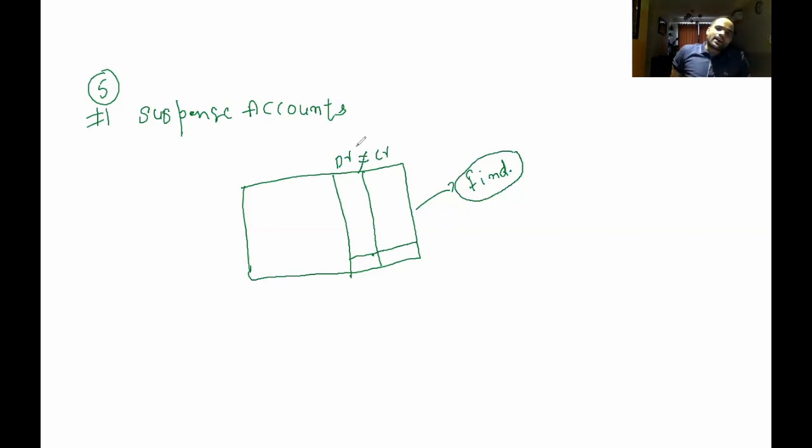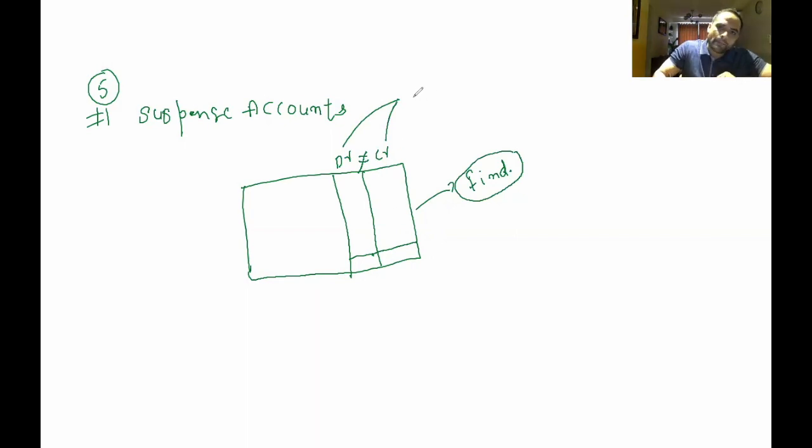But sometimes the balance of the debit side and credit side is not equal, but the difference is very, very small, right? So the difference between the credit side and debit side is a minor difference.